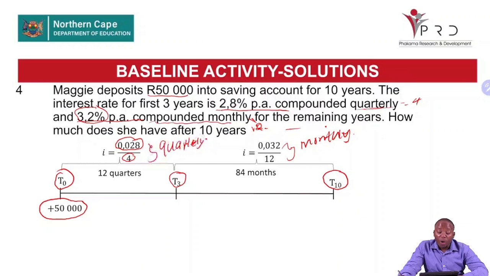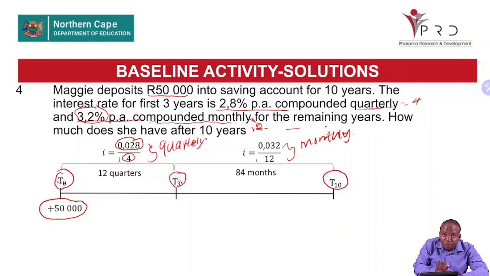Right. So what we do now in the following is we proceed to check. From T0 to T3, how many times did we add interest to this amount? That is to say, how was n affected? From T0 to T3, how many years do we have there?